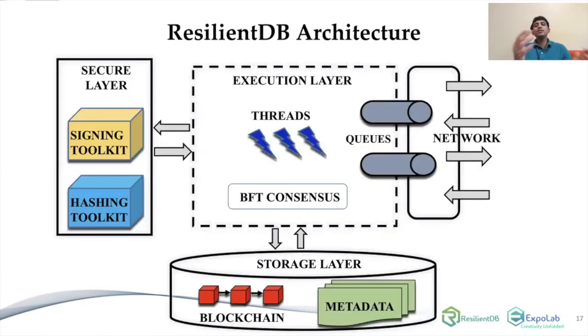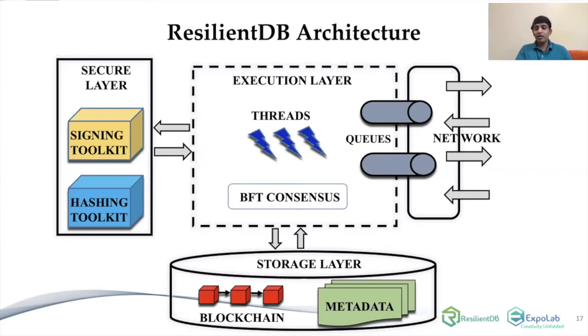So here's the ResilientDB architecture. What we want to show here is that it's a layered system. It consists of different layers. There's an execution layer, which actually executes all the transactions. It also has a set of queues for different threads to process their messages.